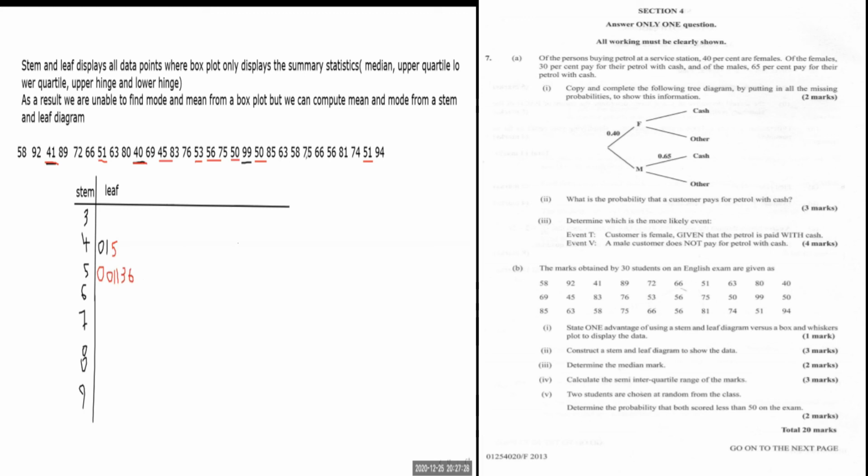I see another 56, so put another 6 here. Then 57. No 57, but I see 58, and I put my 8 here. And I see another 58, so I can put another 8 here.